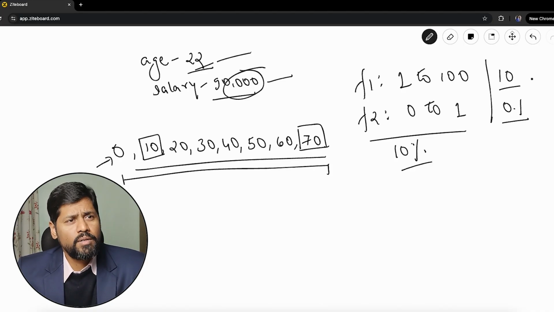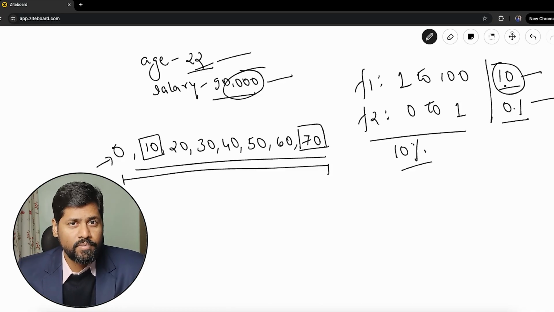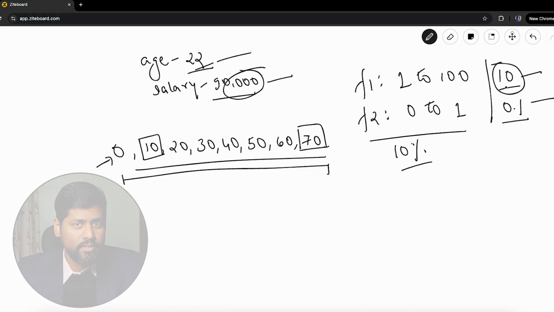So for a model, between 10 and 0.1, 10 will have a greater influence on the prediction. 10 will dominate. It does not mean that feature 1 has more influence or more importance than feature 2. It's just that the model listens more to loud numbers, not meaningful ones.